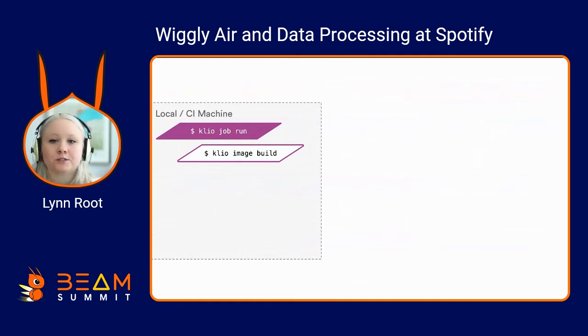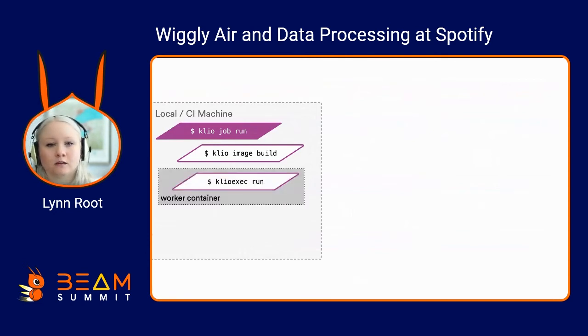User-defined transforms, configuration, and Python and system-level requirements are installed in this image. And then once built, Clio job run runs the container with additional settings required for kicking off the job, like environment variables pointing to necessary credentials. Within that Docker image, we also have a tool called Clio Executor. And this is simply a tool that actually runs the pipeline with the user's configuration. It's the driver.